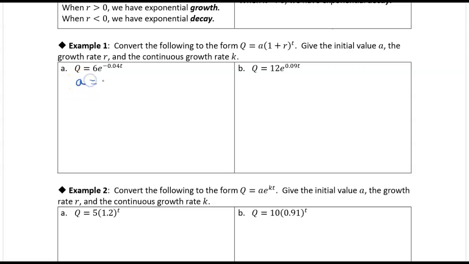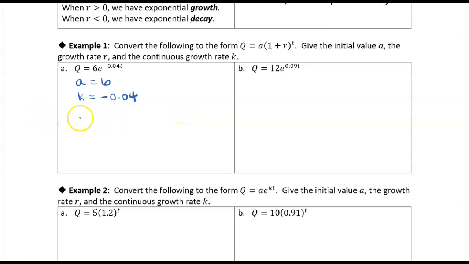We know a is equal to 6. That's the initial amount. So when t is 0, e to the 0 is 1, so at time t equals 0, the quantity is 6. And we can just read right off from here that k is equal to negative 0.04. We don't need to do anything.